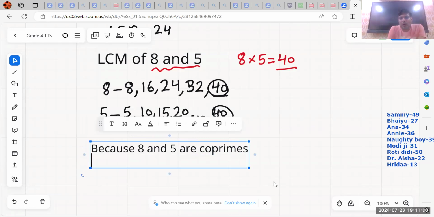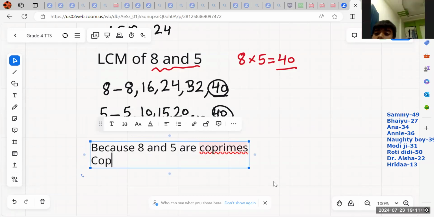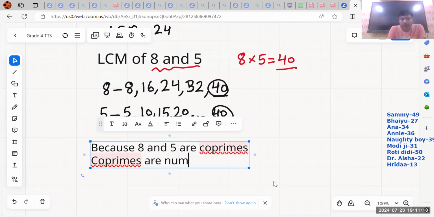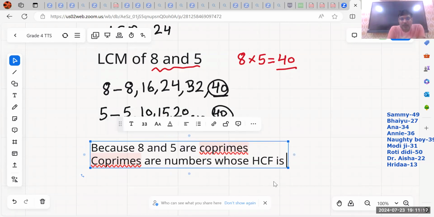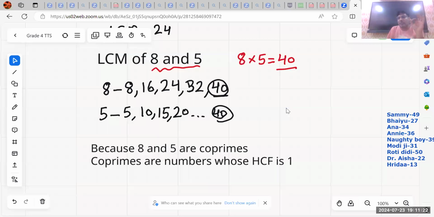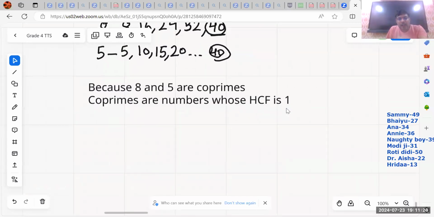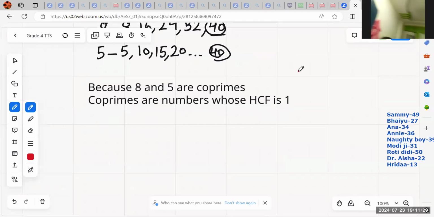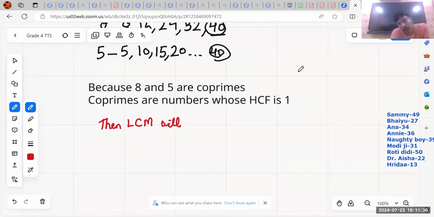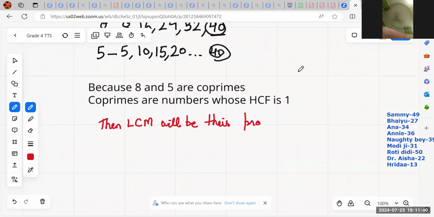Co-primes are numbers whose HCF is 1, मतलब उनके बीच में कोई भी कॉमन फैक्टर नहीं होता. तो अगर मेरे पास दो नंबर्स हैं जिनके बीच में कॉमन फैक्टर नहीं है, then their LCM will be their product.